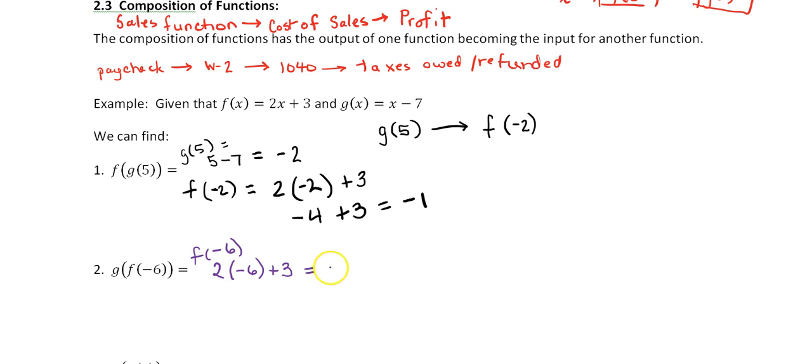That's going to give me a negative 12 plus 3, which is going to give me a negative 9. And then my g of negative 9, right? So this output becomes my new input. And then I have negative 9 minus 7, which is going to give me a negative 16.